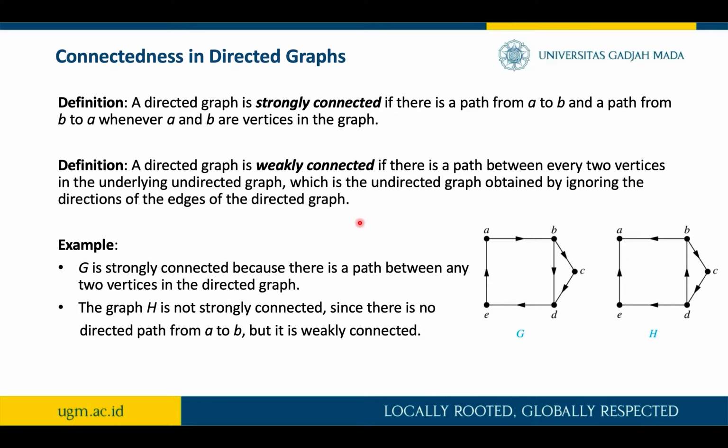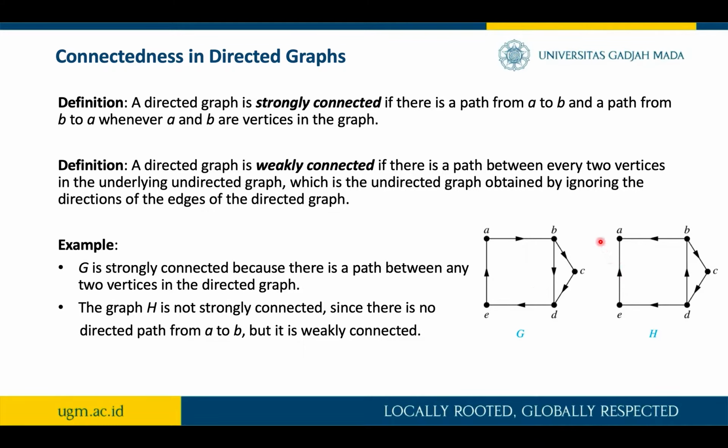So in here, if we eliminate all the directions, then we will have an undirected graph, and the undirected graph is connected. Then that's weakly connected. So by default, strongly connected is also weakly connected, because if we eliminate all the directions here, then the underlying undirected graph is also a connected graph.